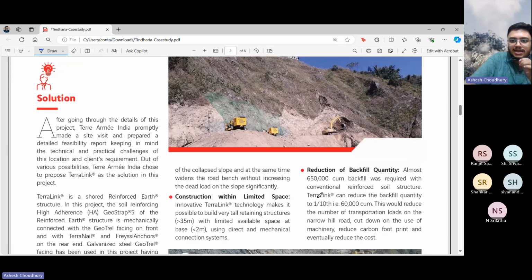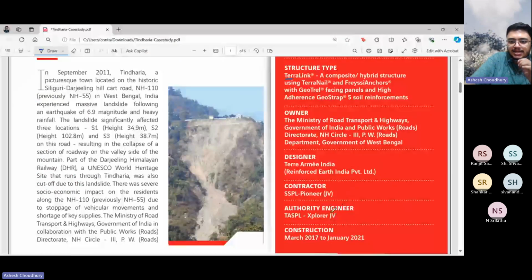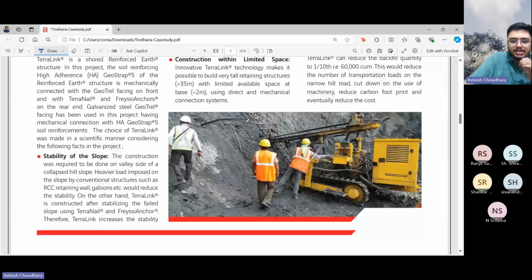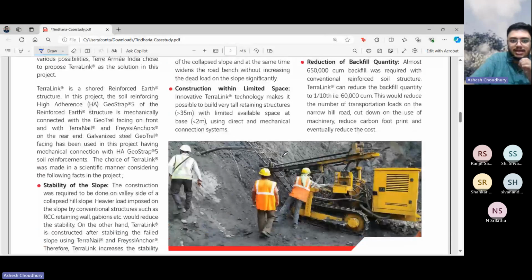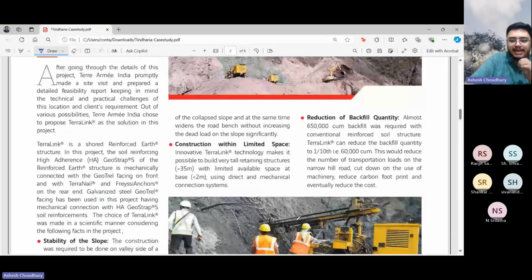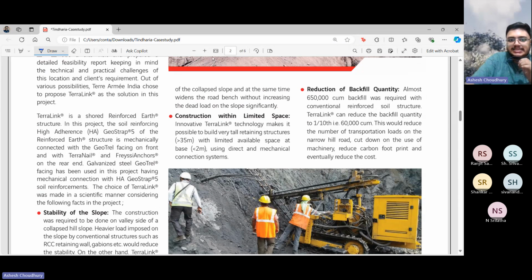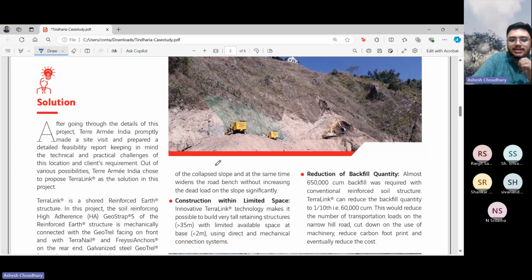And this was very successful. The project was sanctioned in 2017, it took around 4 years, and in 2021 it became operational. You can see here they are doing this nailing kind of thing. You can get this file over the internet and read it, it's quite interesting.